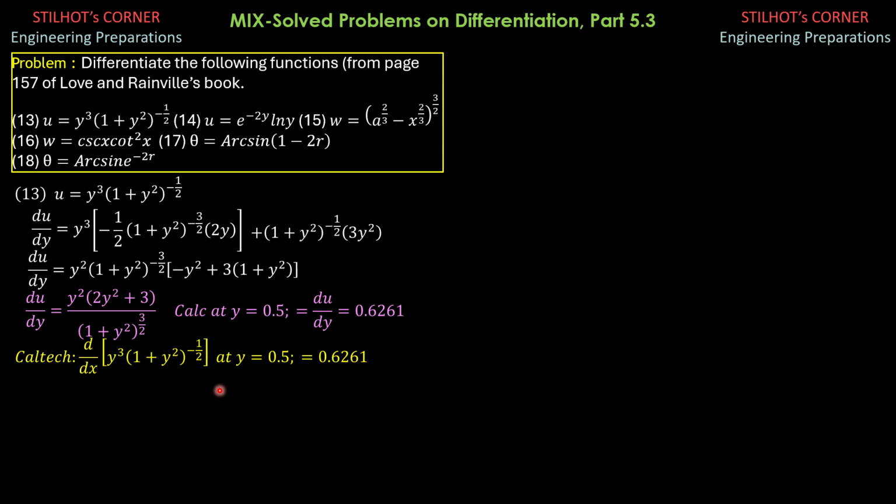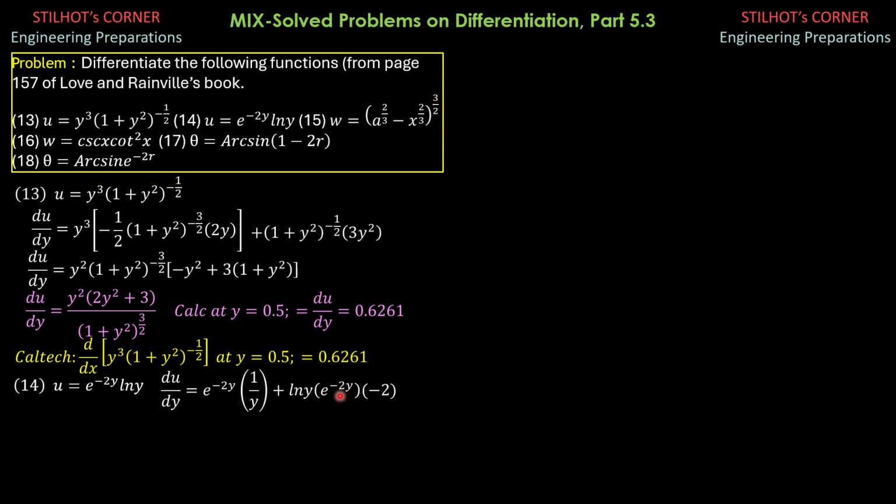We proceed to the second problem. 14. U is e to the negative 2y ln of y. So this is again product. So du dy is e to the negative 2y times 1 over y plus ln of y times e to the negative 2y times negative 2.